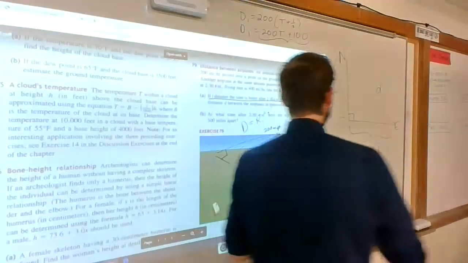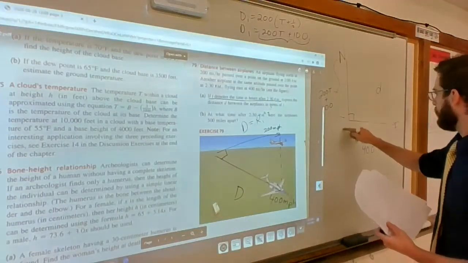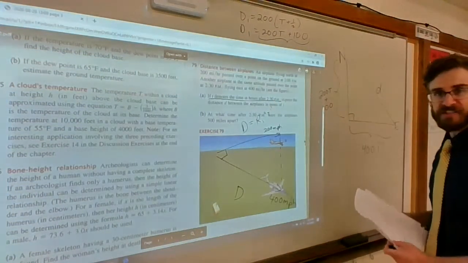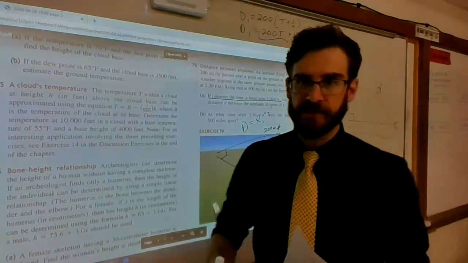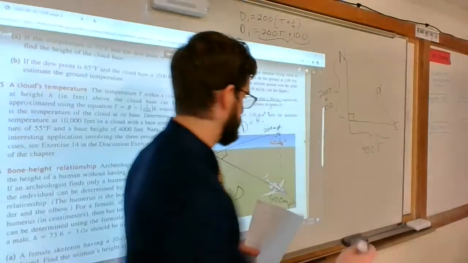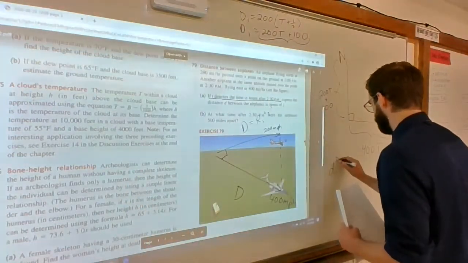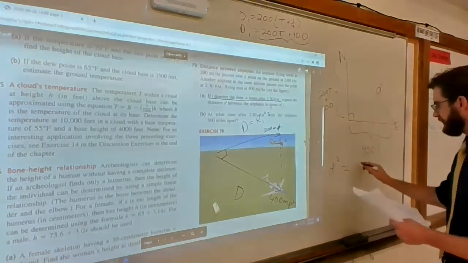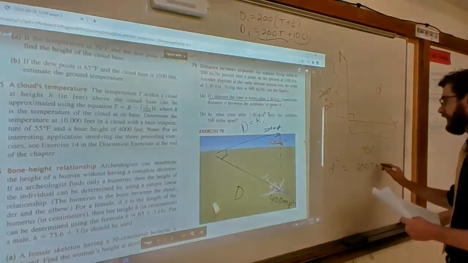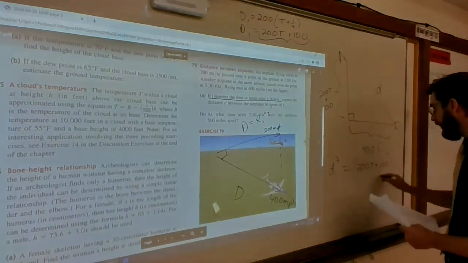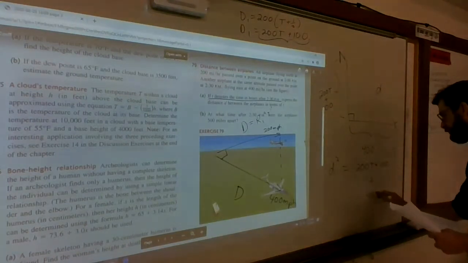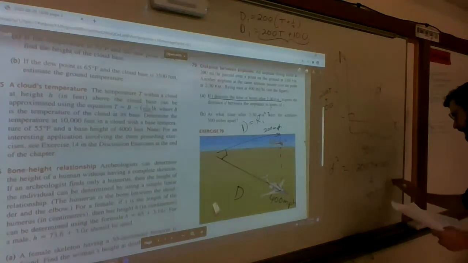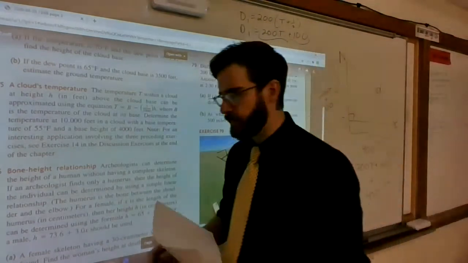So here's the equation. A squared plus b squared equals c squared. That's the normal Pythagorean theorem. What we've got, though, is d squared equals 200t plus 100 squared, this whole thing squared, plus 400t squared. I'm going to write it over here so we've got some more room.